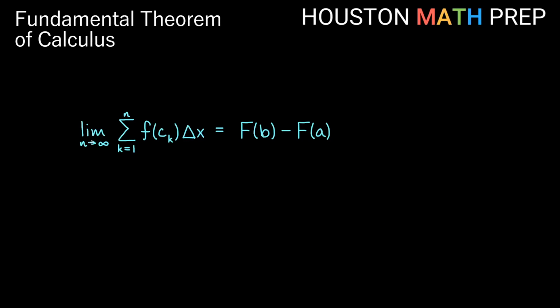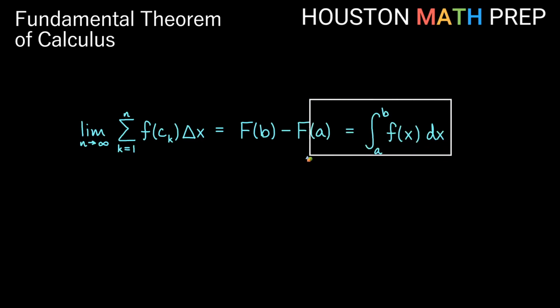And if we take this limit as n approaches infinity of this sum here, we think about taking an infinite number of rectangles, we know that that's supposed to give us the exact area underneath the curve, right? And we know the exact area underneath the curve is the same as the definite integral of our function of x dx.